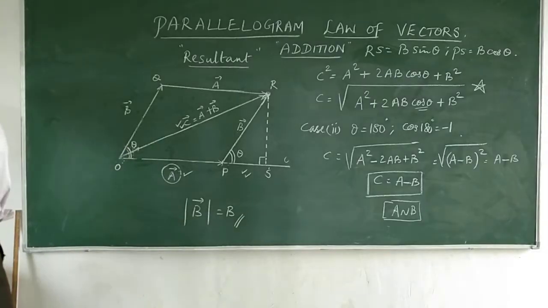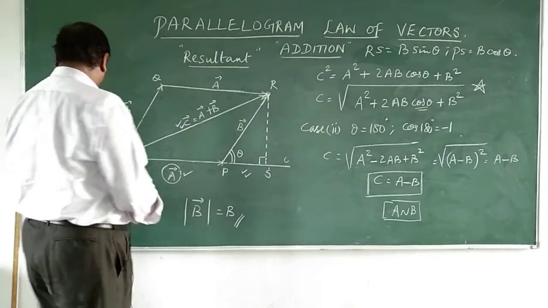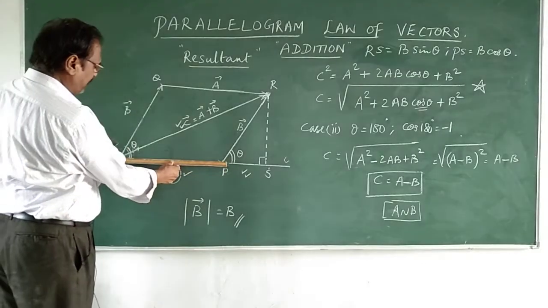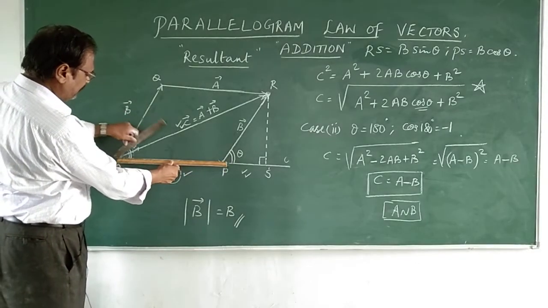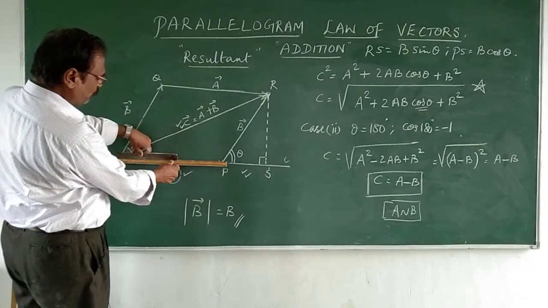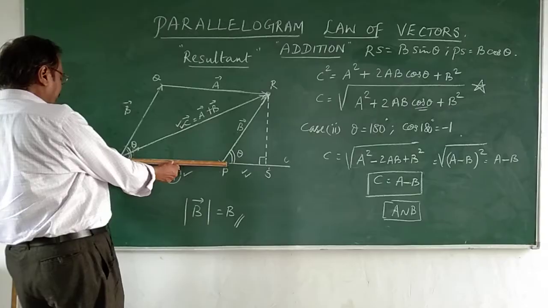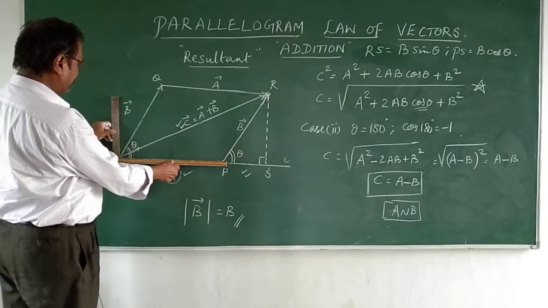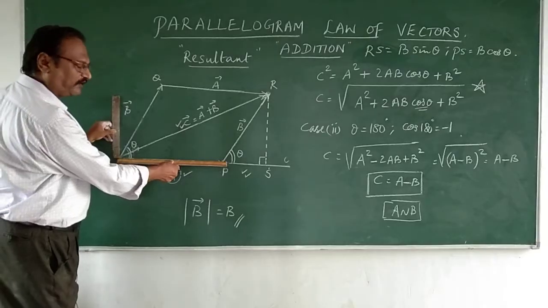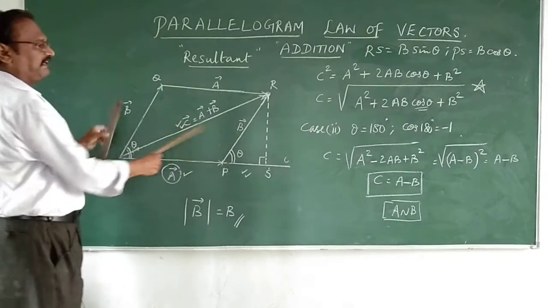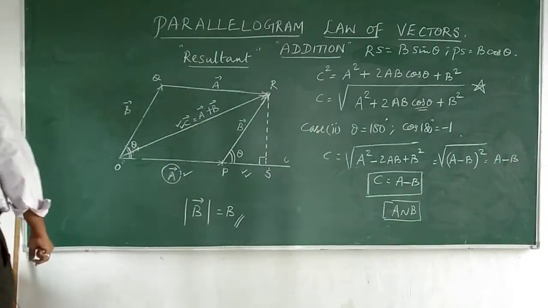Now our last discussion is going to be, cos 0 is 1, cos 180 is minus 1, and if theta is equal to 90 degree, orthogonal vectors, then what will happen to the resultant?